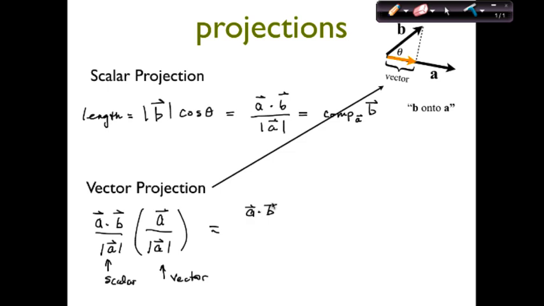So we take the dot product divided by the magnitude of A squared, and we take that whole thing times the vector A. And that's that orange vector now. It's got the right length and the right direction. So since it's the vector, it's the projection of B onto A.